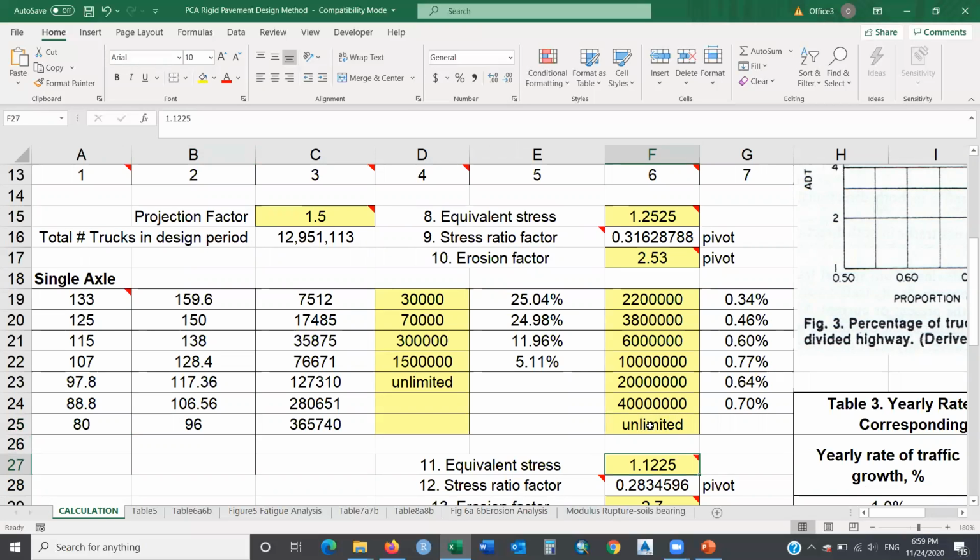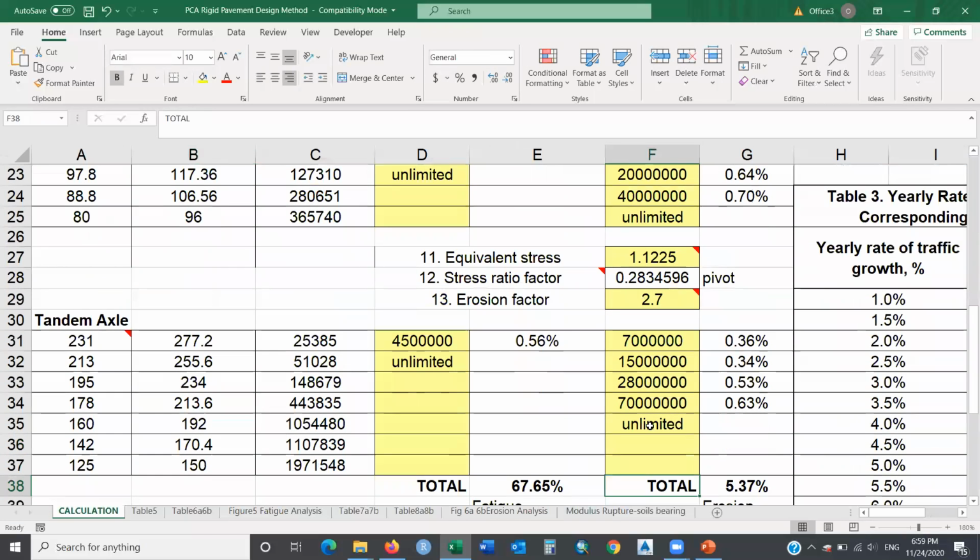But this is single axle. I still have to add the tandem, and the tandem will be the surprise. So 277.